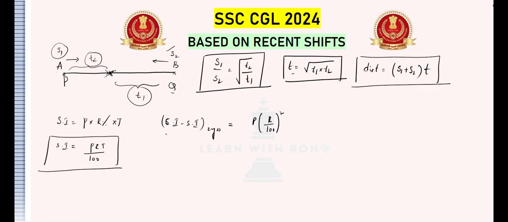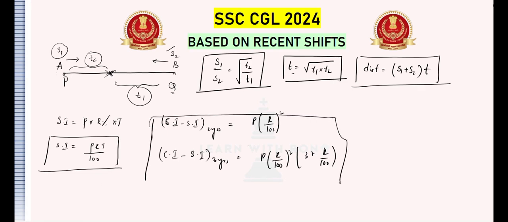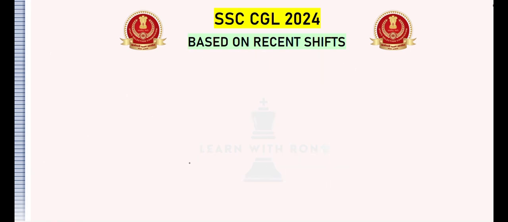Okay, this is the difference between compound interest and simple interest for 2 years, and also the compound interest and simple interest difference for 3 years formula. Try to remember P times R by 100 whole square multiplied with 3 plus R by 100. Okay, try to remember these two formulas in compound interest, because most of the people don't use the compound interest formula directly for solving, but these formulas will be super useful. Try to remember those.